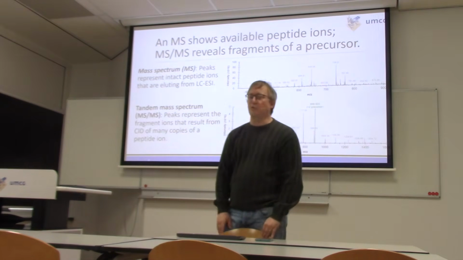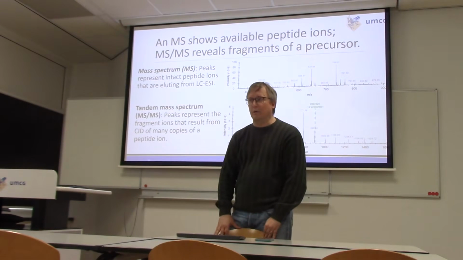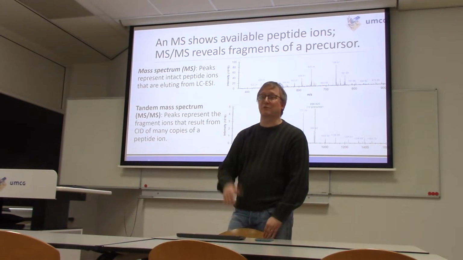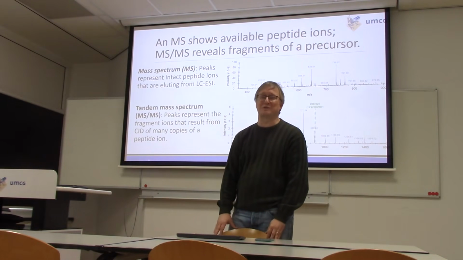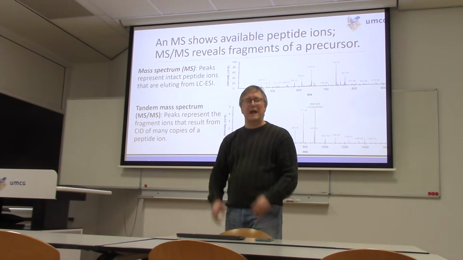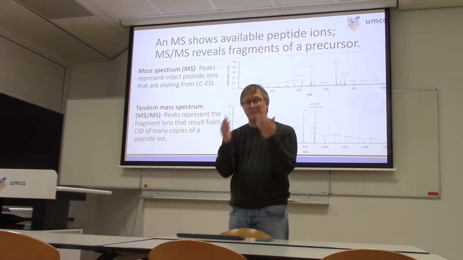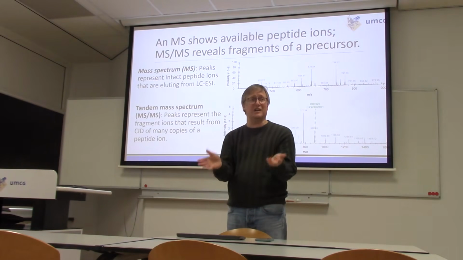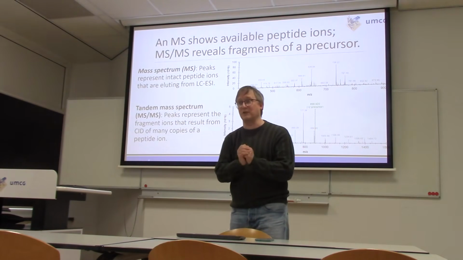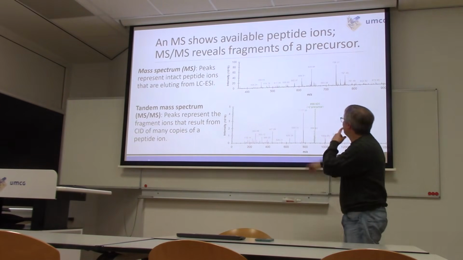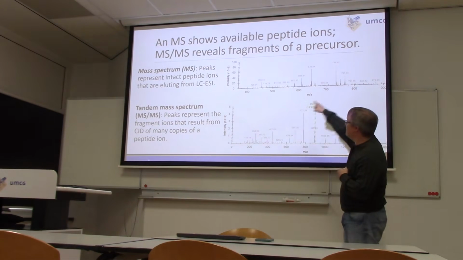For this, I would ask you to remember, I'm not writing quiz questions, I think, but this is a quiz question I write all the time. How do the ions observed in a mass spectrum differ from the ions you see in a tandem mass spectrum? I'm showing examples of both here. At the top, we have a mass spectrum.